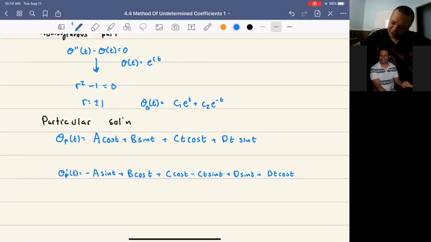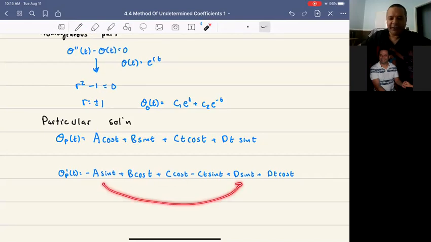Yeah, I can put these two together and I can put these two together, right?